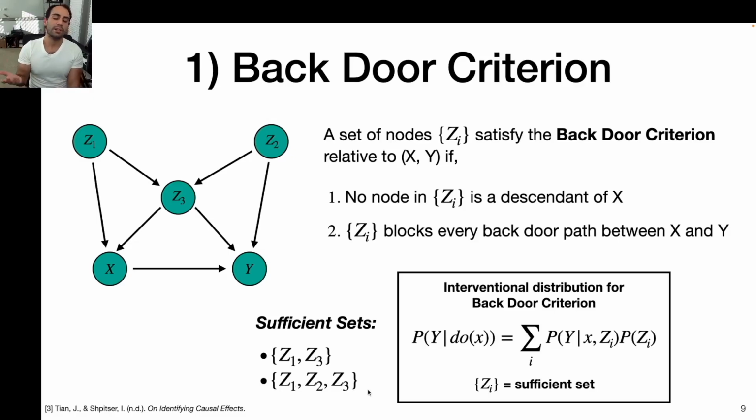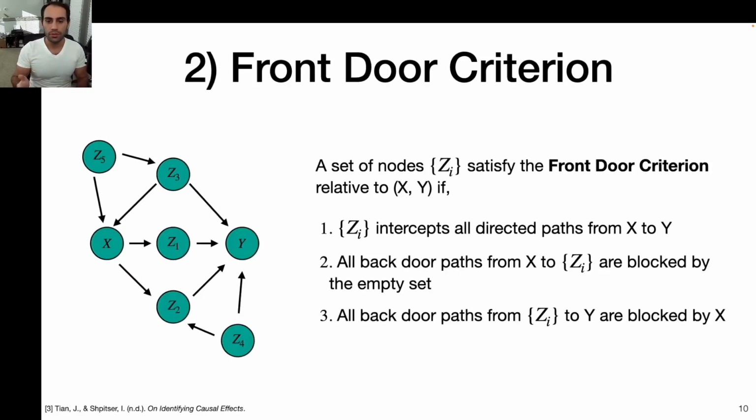This is exactly what we saw in the example from the previous video. We initially had all three variables in our expression for the interventional distribution, but then magically we were able to remove Z2. Hopefully now you can see how that trick was done. It's because Z1 and Z3 satisfy the backdoor criterion, so there's really no need to include Z2 in this expression. So next we have the front door criterion.